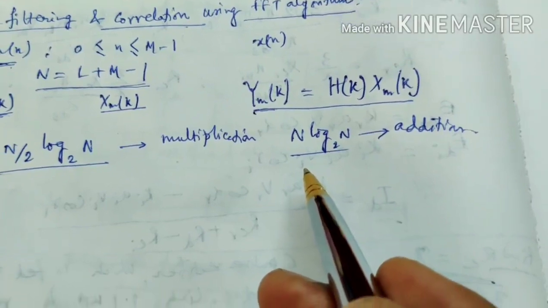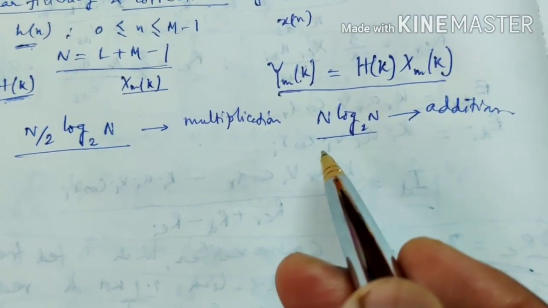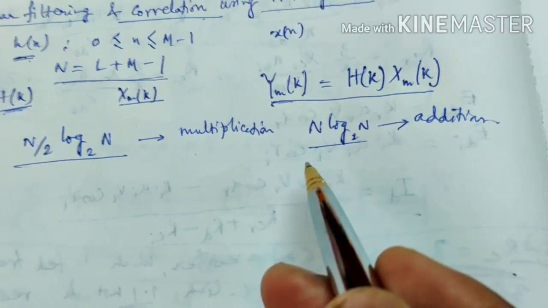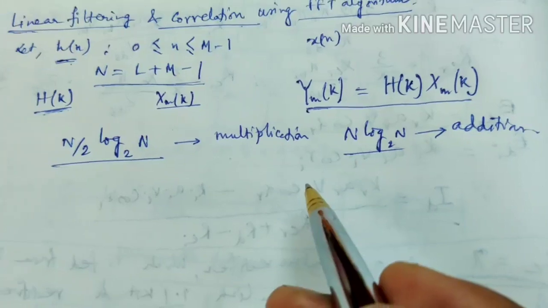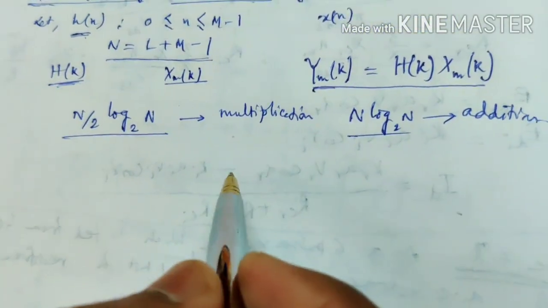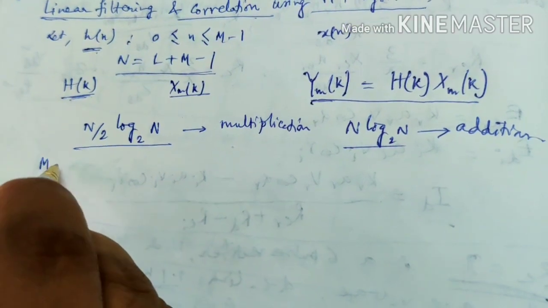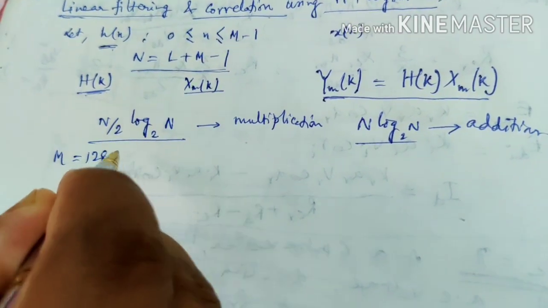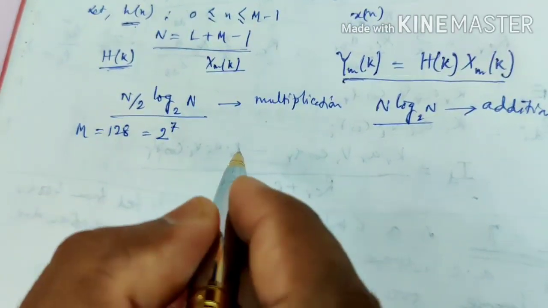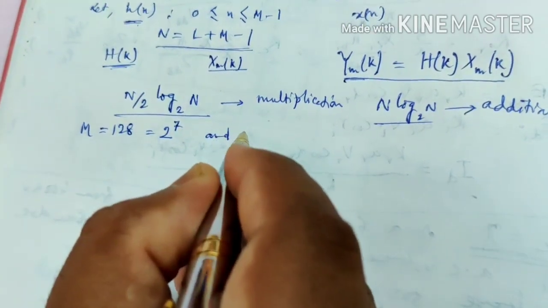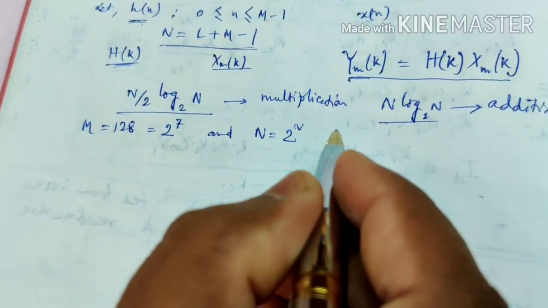It is interesting to compare the efficiency of the FFT algorithm with a direct form realization of the FIR filter. Let us focus on the number of multiplications, which is more time consuming than addition. Suppose M equals 128, that is 2 to the power 7, and N equals 2 to the power v.